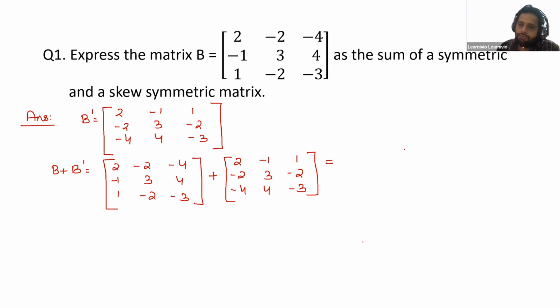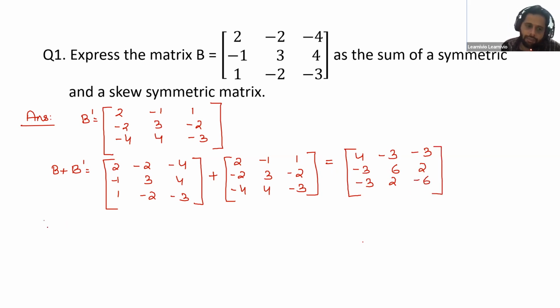Okay, add these two, then what will we get? This 2 plus 2 gives us 4. This gives us minus 3. This gives us minus 3. This is again minus 3. This is 6. This is 2. This is minus 3. This is 2. This is minus 6. We get this one.